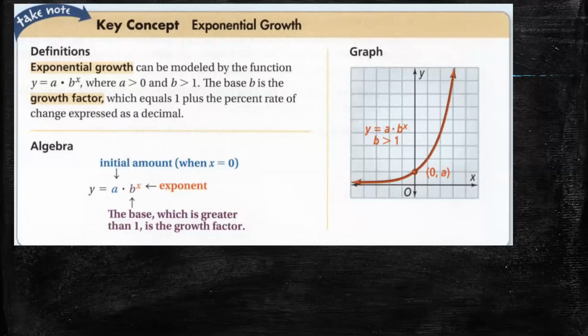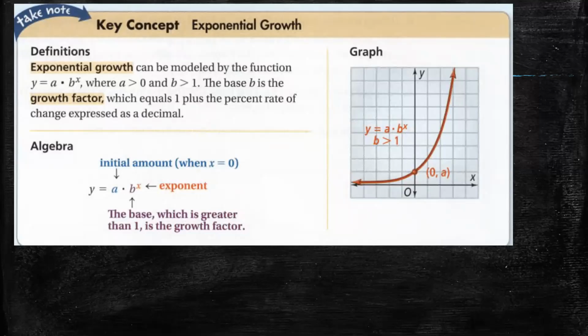If the question gives me the percent rate, like 68%, the first step, I will convert it to 0.68. Then I will add 1 to it if I'm talking about growth, and I will subtract it from 1 if I'm talking about decay.